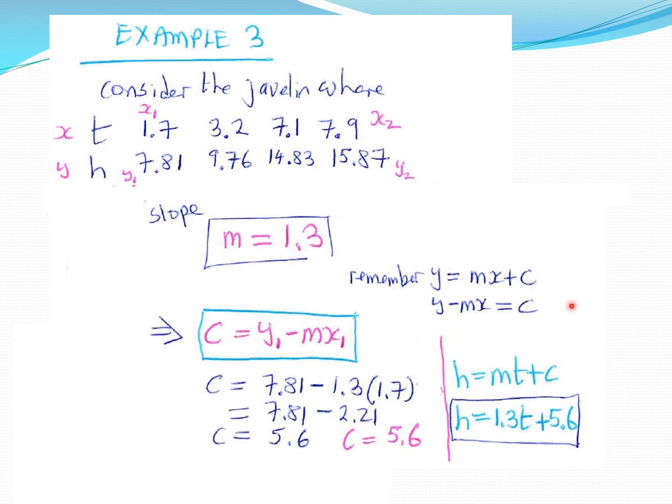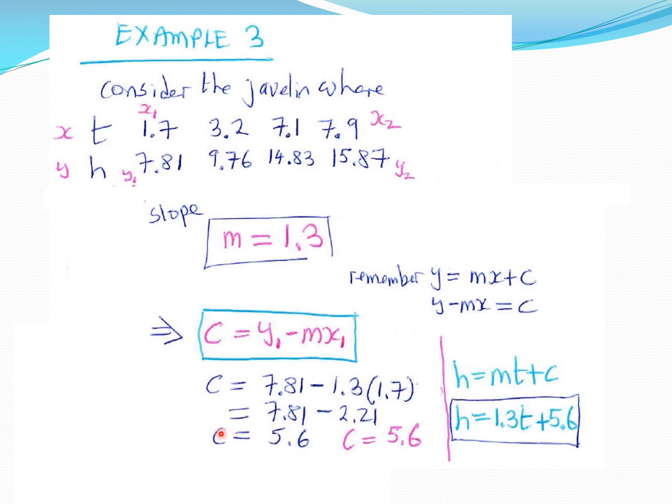So just switching the sides around, c is equal to y1 minus m times x1. In actual fact, c is equal to y2 minus m times x2. You can fill any of those points in to work out what the c is. We know the slope, and then just pick any of these points you like. But just to keep it fairly consistent, we'll just use the x1 and the y1.